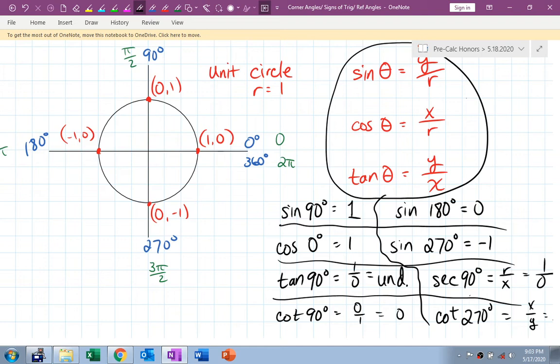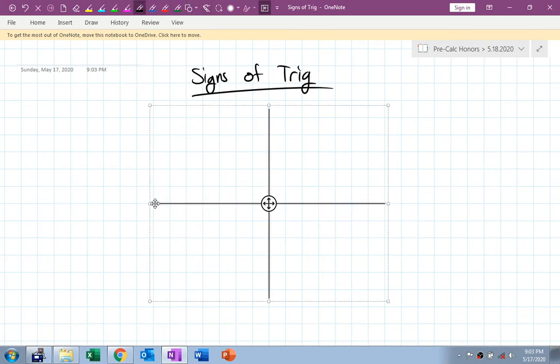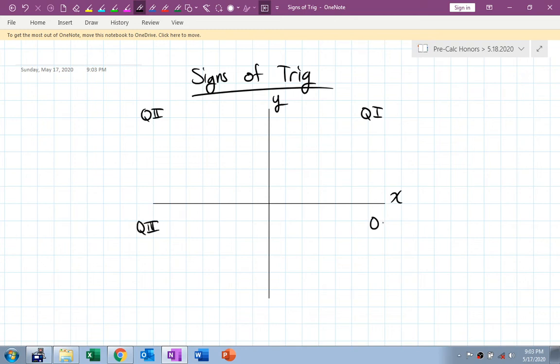Cool. Let's talk about the signs of trig values. So the signs. Again, we're going to go back to that graph with the unit circle. I'm not necessarily going to draw the circle though. We're just doing x and y axis, okay? In the first quadrant, quadrant 1 is up here, quadrant 2, quadrant 3, quadrant 4.